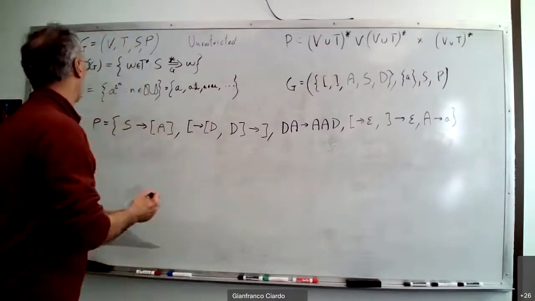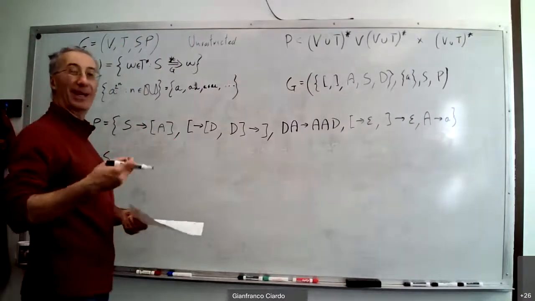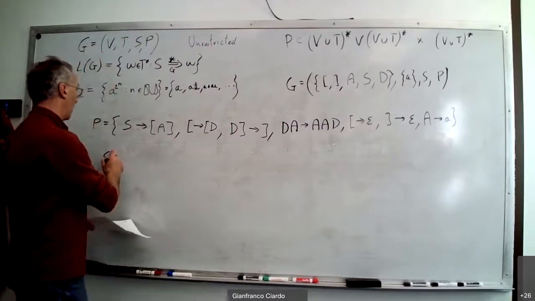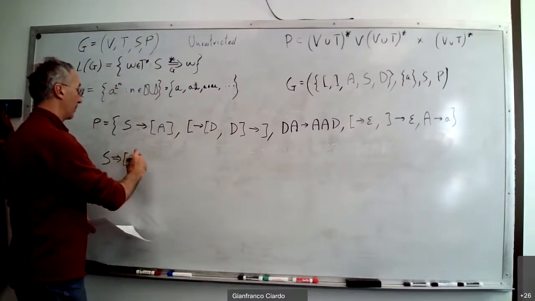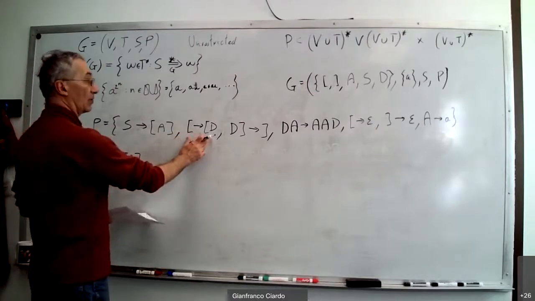Okay, so in other words, I can just show you how it works when I want to generate a string in the language. So from S, the first thing and the only thing I can do is this. And then I can apply this one a few times, right?